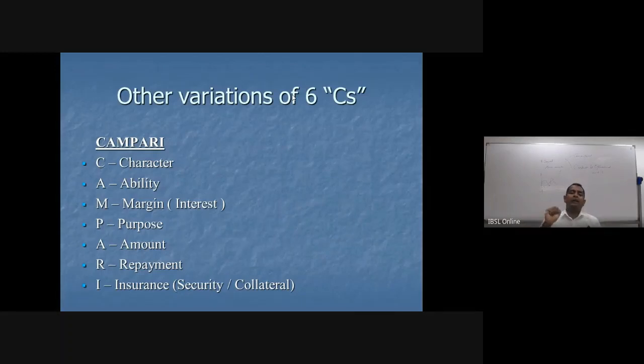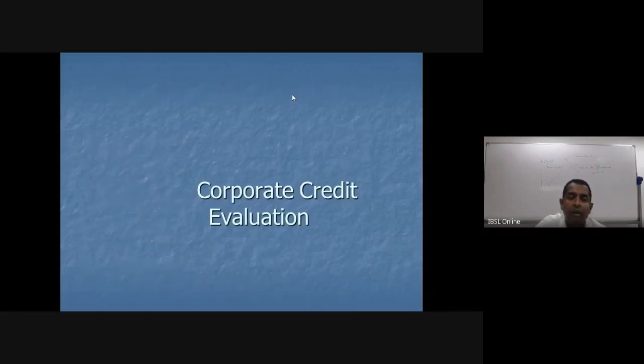CAMPARI: character, ability, margin, interest, purpose, amount, repayment, and insurance. This is the most important model in finding out the ability to repay, right? Then we have corporate credit.